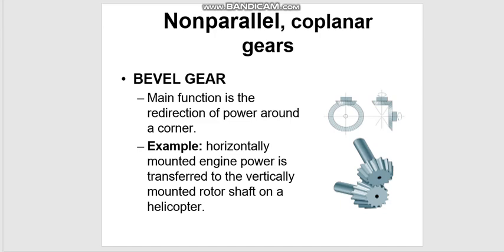If you look at this gear arrangement, the reason why it's called non-parallel coplanar gear is that the axes of the gear shafts are not parallel to each other, but the centers of the shafts are in the same plane, right?